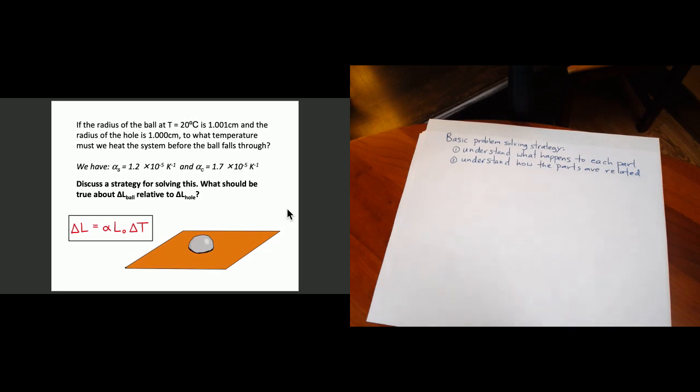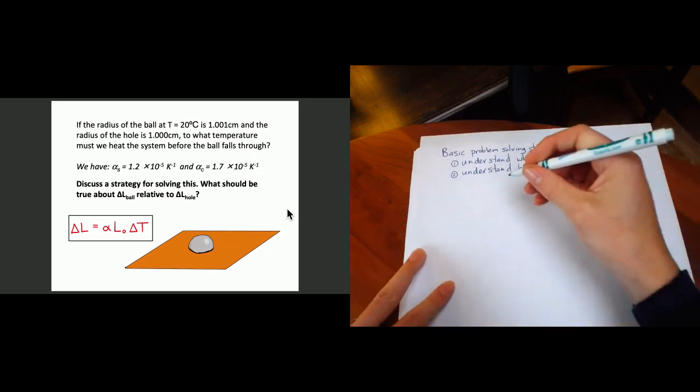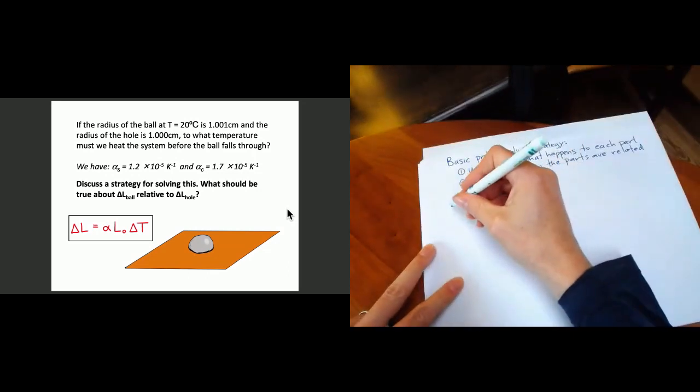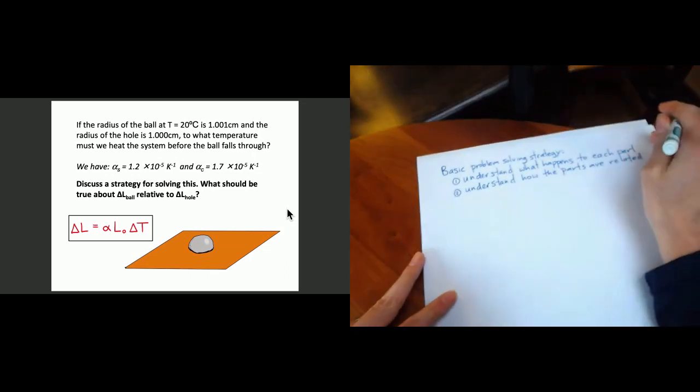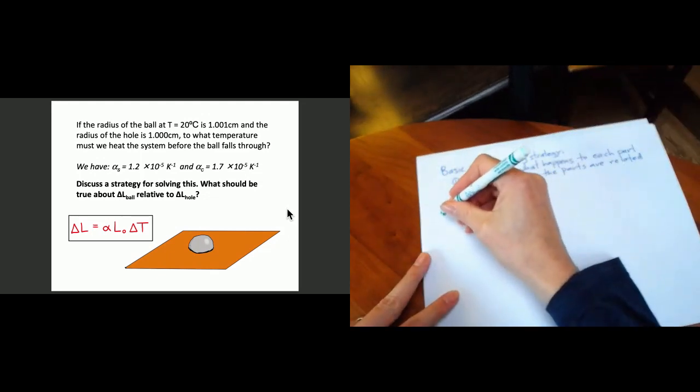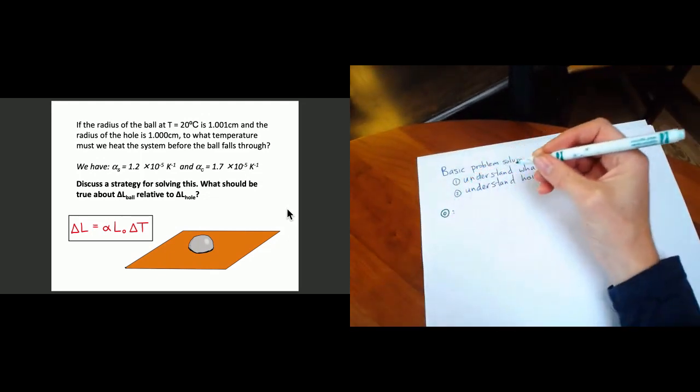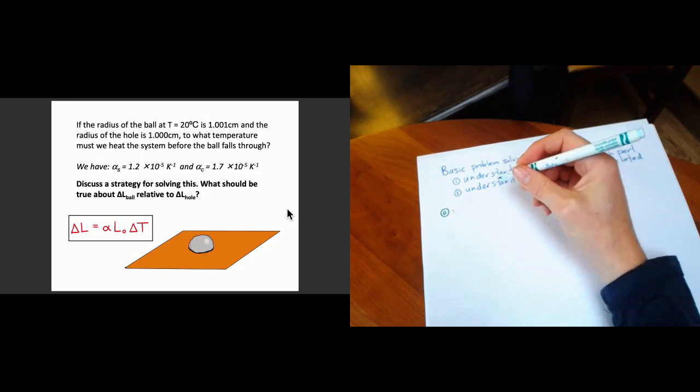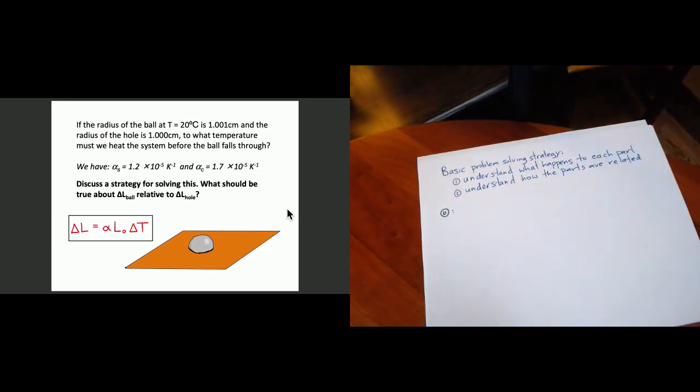Okay. And so for this question, let's read the question. Maybe an important initial starting point would just be to understand what it is that you're being asked for. And so we're being asked, to what temperature must we heat the system before the ball falls through? Okay.